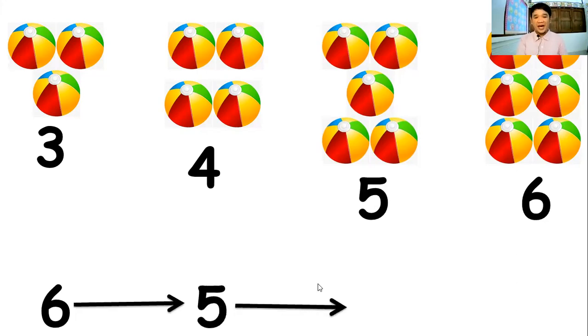And after 5 is 4. And after 4 is 3. So that is how you order the numbers from greatest to smallest. 6, 5, 4, and 3. 6 is the greatest number and 3 is the smallest number.